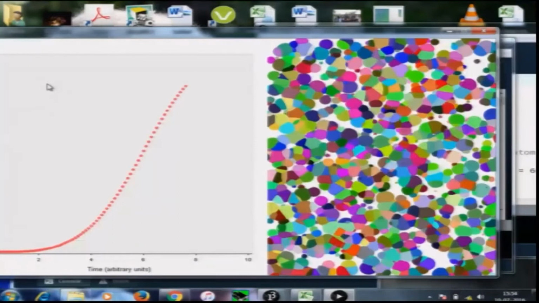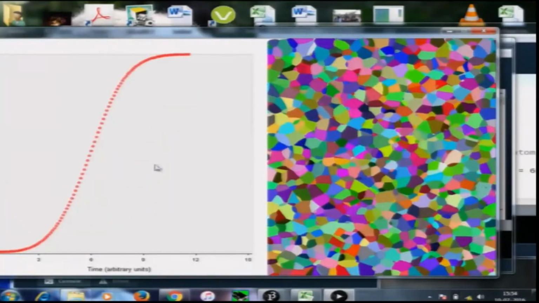What it is showing, if you look at the structure on the right hand side, is nuclei forming and then growing, and on the left hand side we see a curve where the y-axis shows the fraction transformed, going from 0 to 1, and on the x-axis is time in arbitrary units.